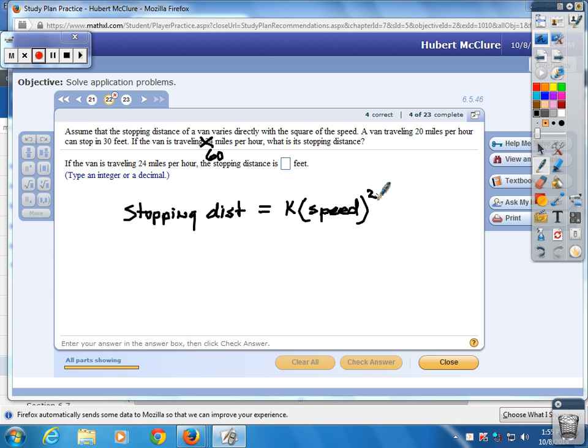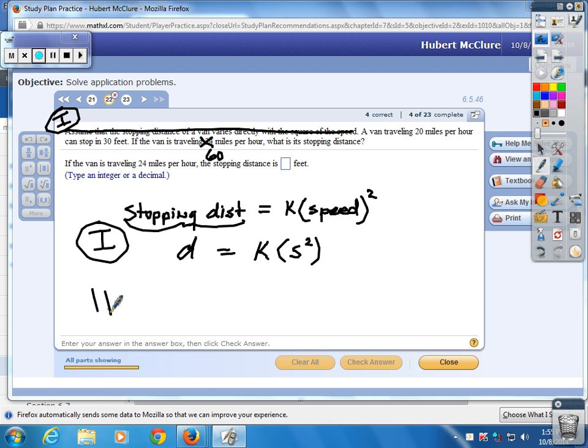How's that? And then of course you can make this D is equal to K times S squared. And that basically gives us part 1 right there. And that's part 1.